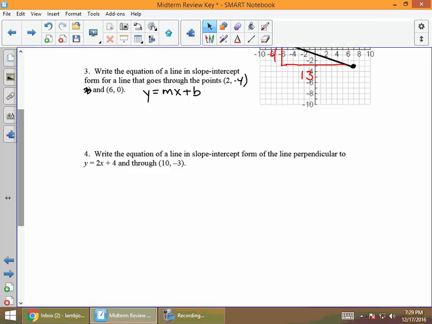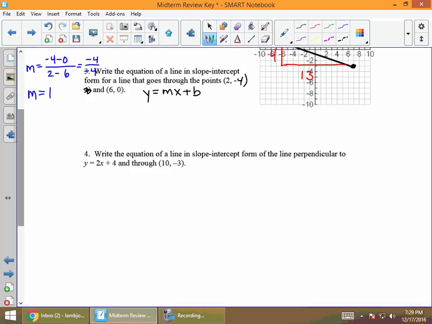So the first thing I'm going to do is find the slope. The slope is y2 minus y1, so negative 4 minus 0, over x2 minus x1, 2 minus 6. Negative 4 minus 0 is negative 4. 2 minus 6 is negative 4. Negative 4 divided by negative 4 is 1. So the slope is 1.